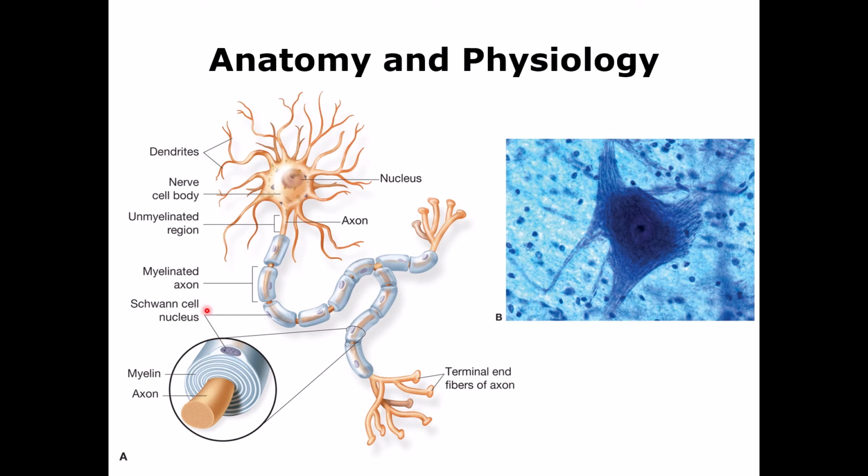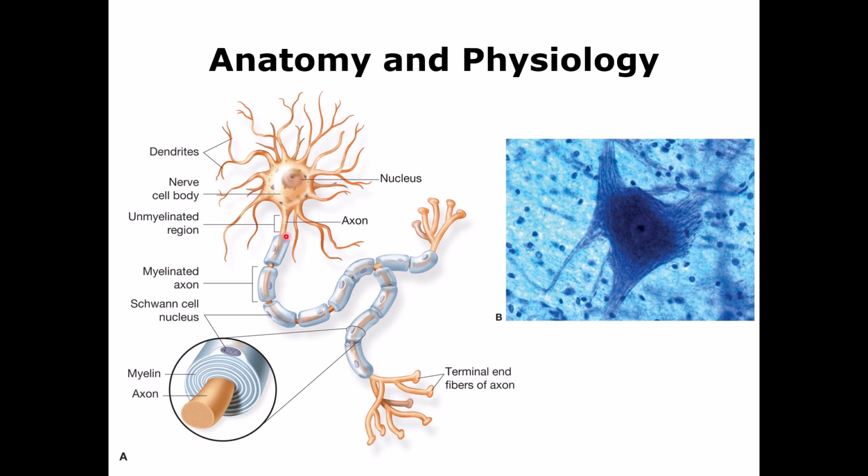This Schwann cell is in the peripheral nervous system, but in the central nervous system, which is the brain and spinal cord, that is called oligodendrocyte. So that's a different type of cell, but the function is the same. When a nerve is myelinated, it means that the conduction is a lot faster compared with unmyelinated nerves.